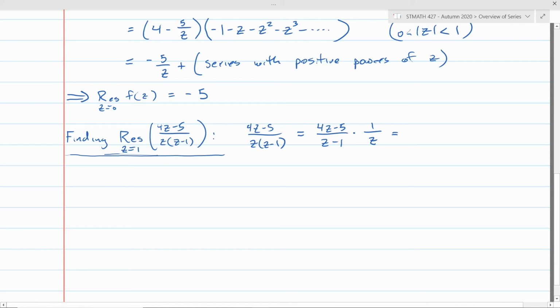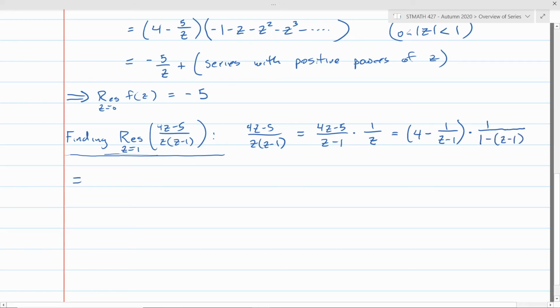We can take that first fraction just to get a fraction with z minus 1 in the denominator by itself. We could write that as 4 minus 1 over z minus 1. And you can get that breakdown by doing a little polynomial division or just by playing around with it. And then that second fraction, I can write that as 1 over 1 minus z minus 1, like that.